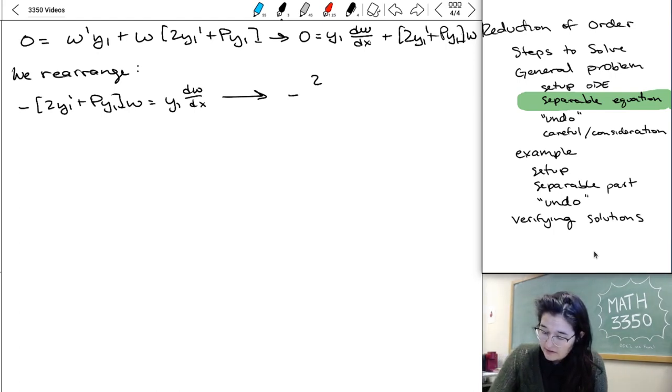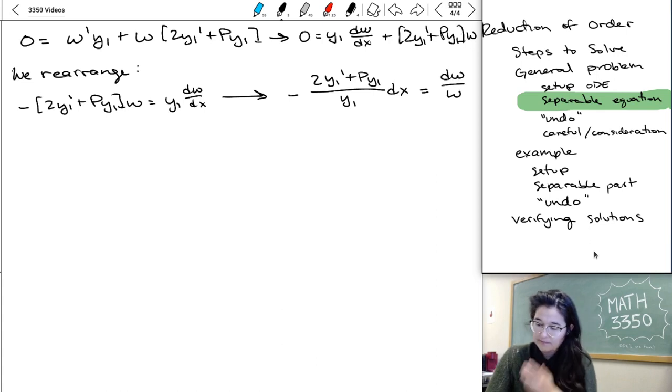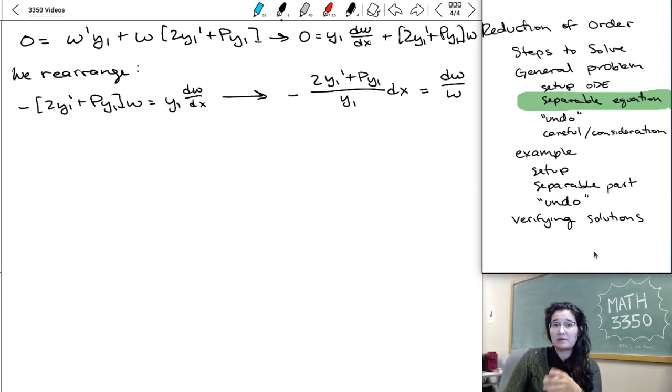So that's negative 2y1 prime plus py1 over y1 times dx is dw over w. The reason why I'm putting the y's and the p's on the dx side is because even though I've suppressed the notation, y1 and p are both functions of x. y1 is not a function of y or w or u.